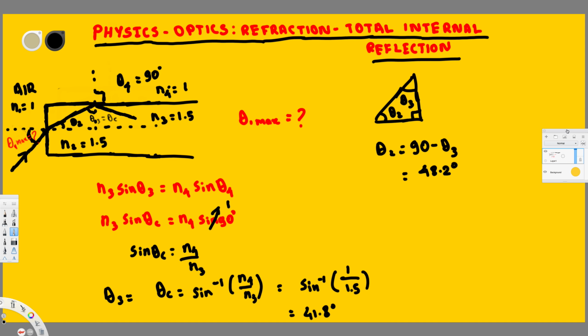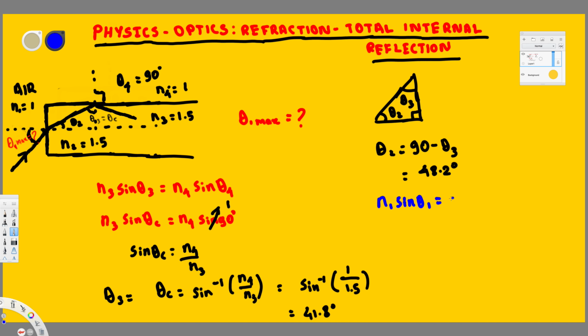Now let's see how we can find the maximum using this. Now let's use Snell's law. Snell's law is N1 sine theta 1 is equivalent to N2 sine theta 2. Now we are trying to find theta 1, so let's rearrange everything.